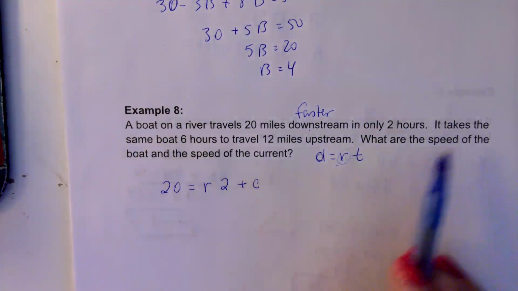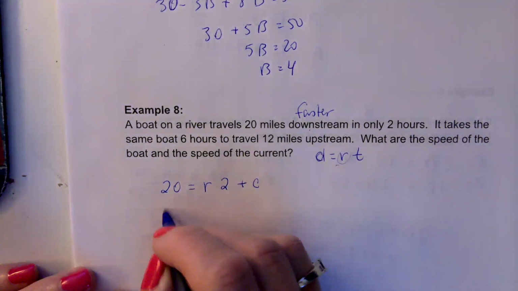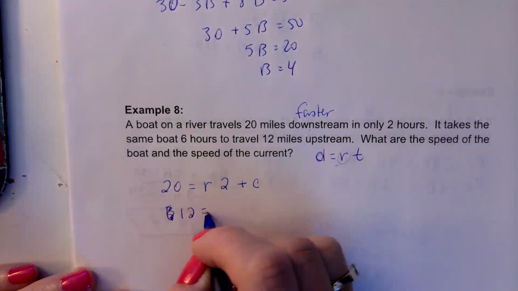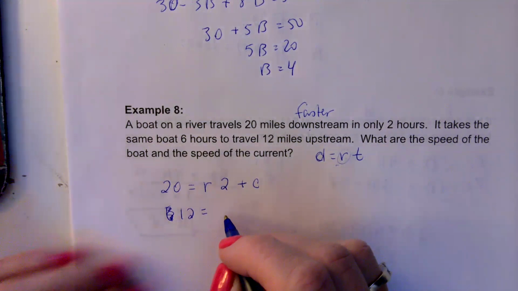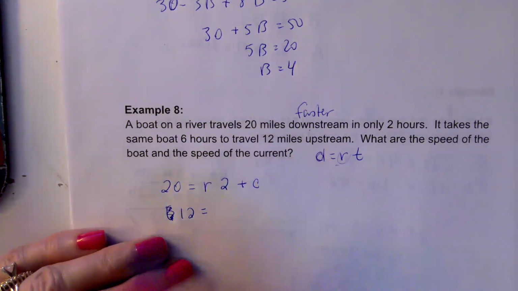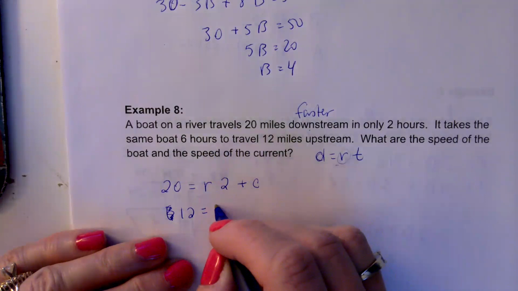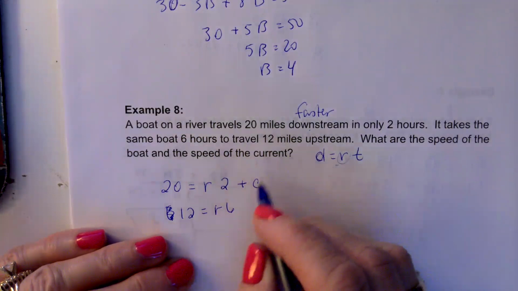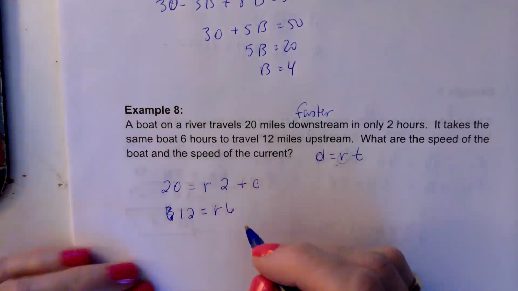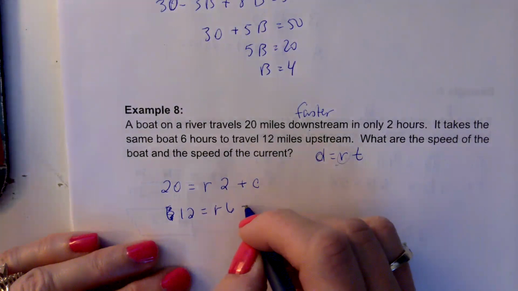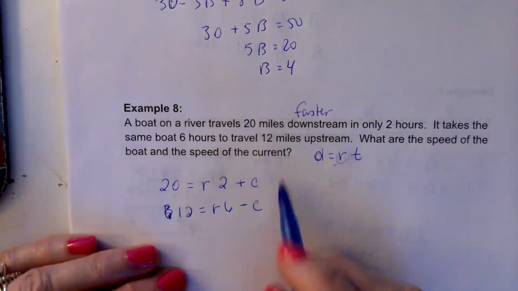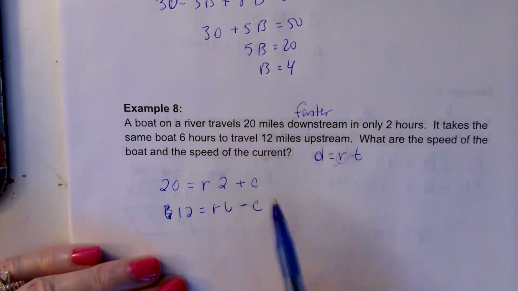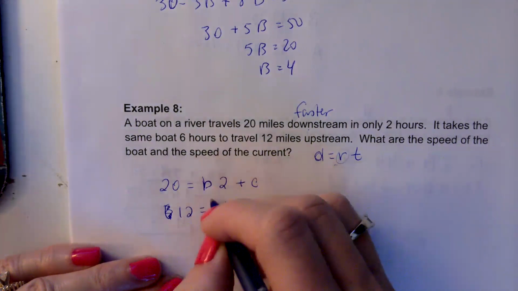And then it takes the same boat to go 12 miles. And it takes them 6 hours at whatever speed in the current. And this time we're subtracting the current because they're going upstream, the current is taken away from them. So this rate is really the boat speed.